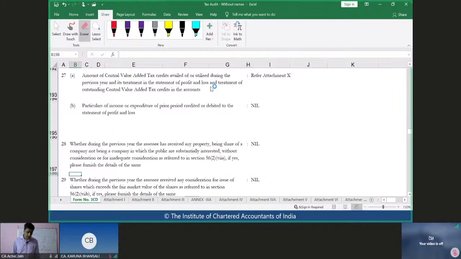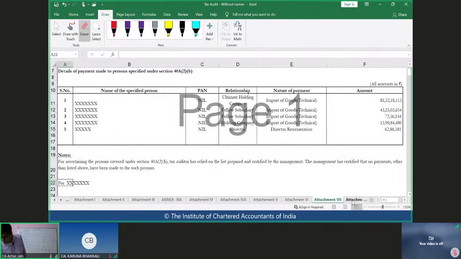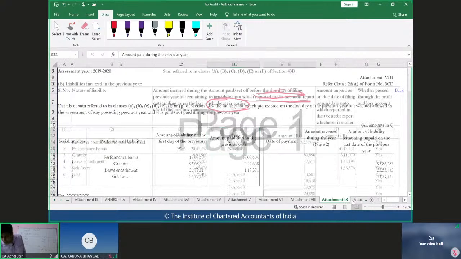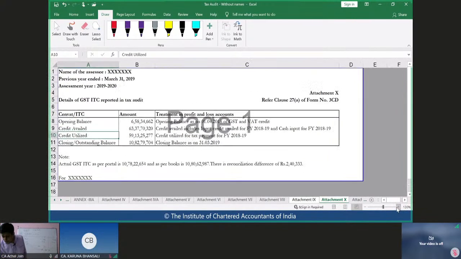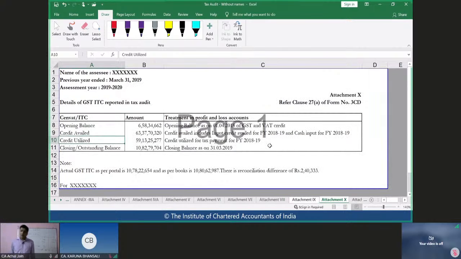Okay. Now in relation to 27A, generally you will see an attachment or an annexure. So that is number 10. So let me just go to number 10 attachment now. We now need to report about the input credits.